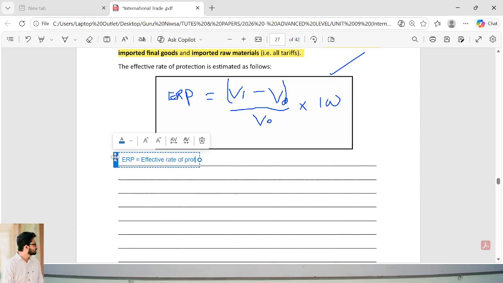Second one, V1 means value added with tariff.